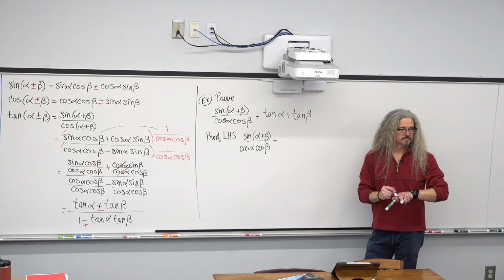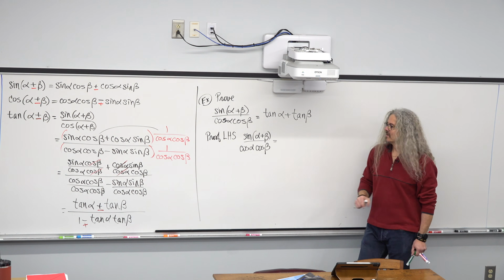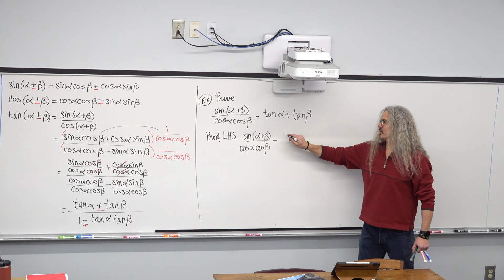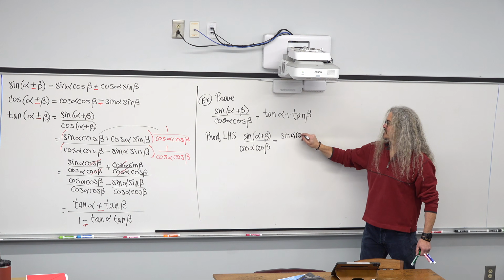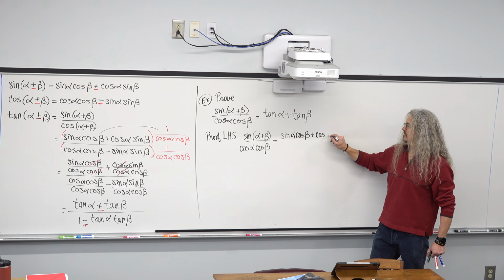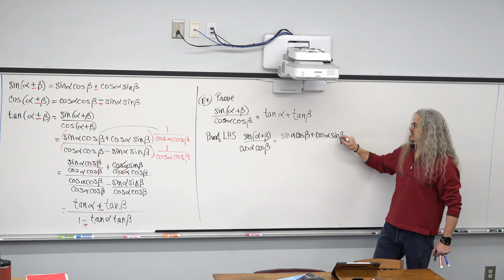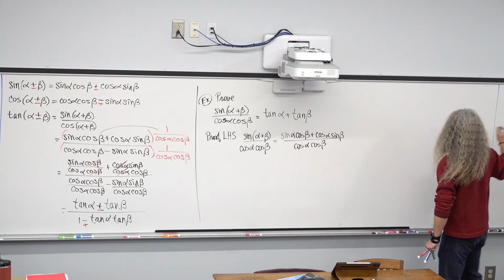Just factor out sine A plus B to sine A cosine B plus cosine A sine B. You didn't say factor, did you? Substitute. Yeah. So we're going to take out the sine of alpha plus beta and replace it with, nice job, sine of the first, cosine of the second, plus cosine of the first, sine of the second, all over cosine alpha, cosine beta.